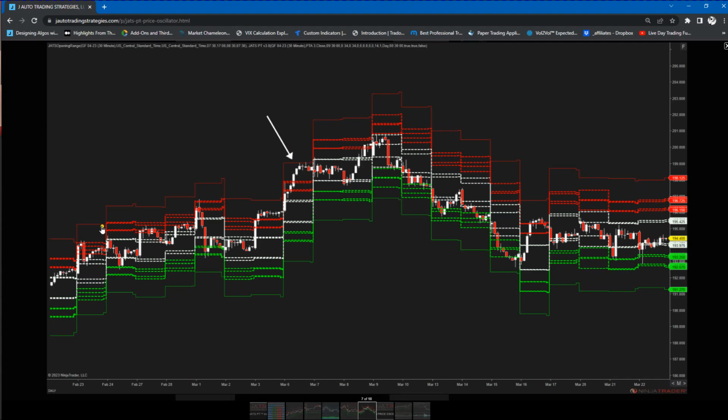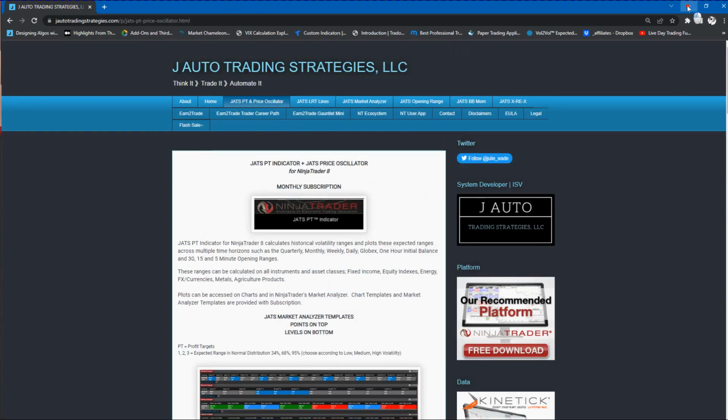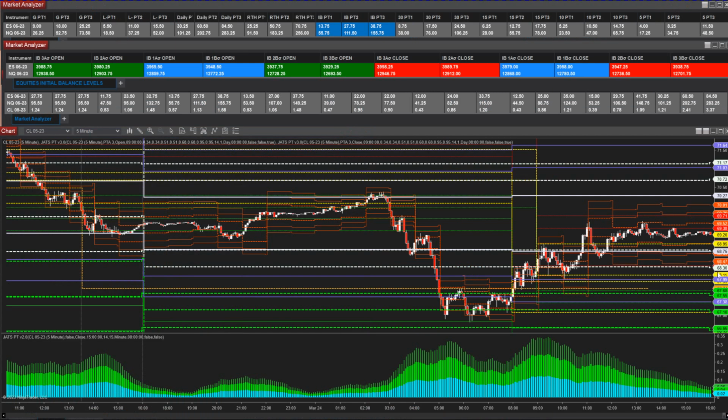Here we went from February to the end of March, and you could see that it never got outside my tail. So if you're going to be selling premium, just a little bit outside that line would seem to work. So there's many different ways to use these ranges, both day trading and for selling premium.